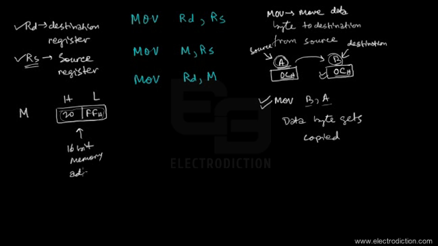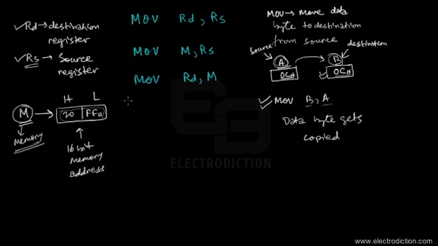In that case, this particular 16-bit memory address is referred to as M, where M stands for memory. So we can use this symbol M, which acts as either a source or destination location depending on where we declare it, as you can see in these two commands.